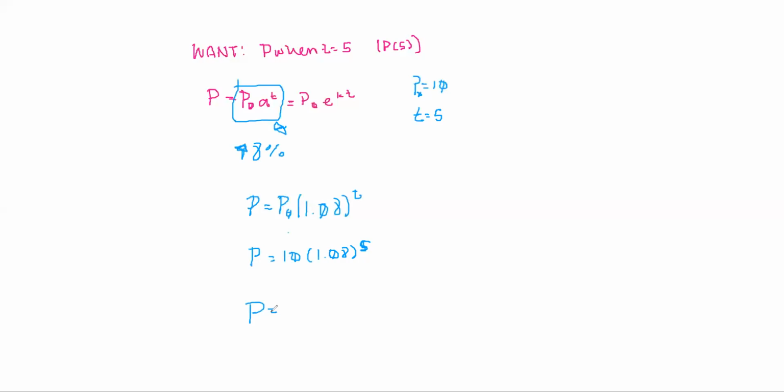Cool. All right, so our answer would be $14,693. And that's how much money you would have in the account after 5 years.